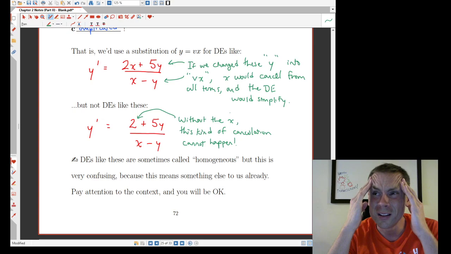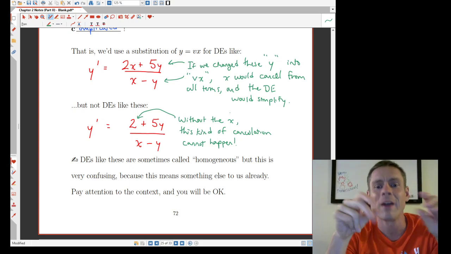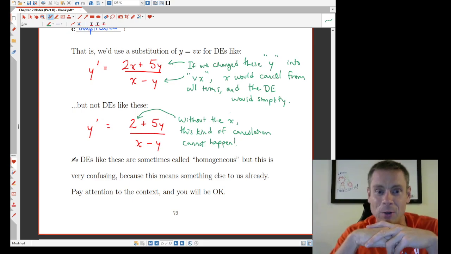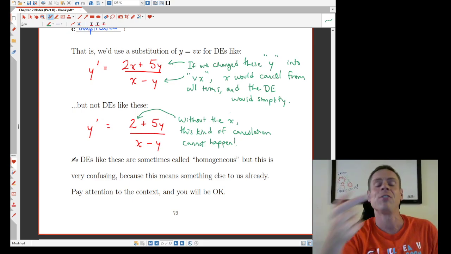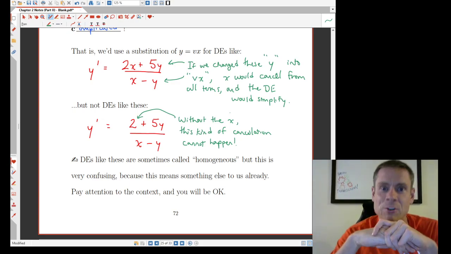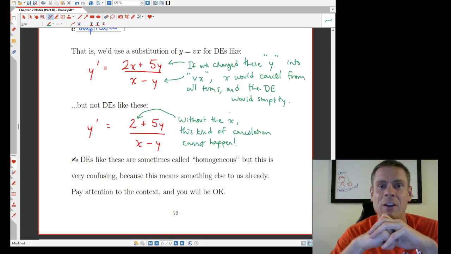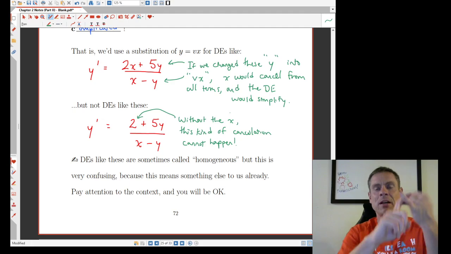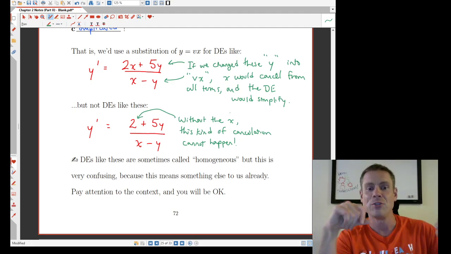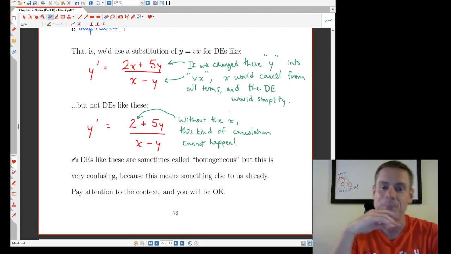Anyway, one of those terms is homogeneous, which is funny because we've already defined this term in the course, and textbooks just love to call differential equations like this homogeneous for some strange reason. I will never call them this because I think it's super confusing. We already understand homogeneous as being if you have an equation in standard form and you have a 0 on the right-hand side, that is homogeneous. That's the way it will always be for us.